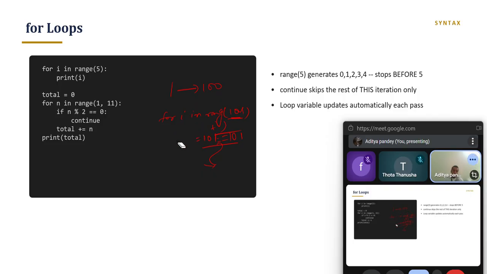So if this condition matches, 101 matches, then it will not go inside. Okay, so this is also one example.